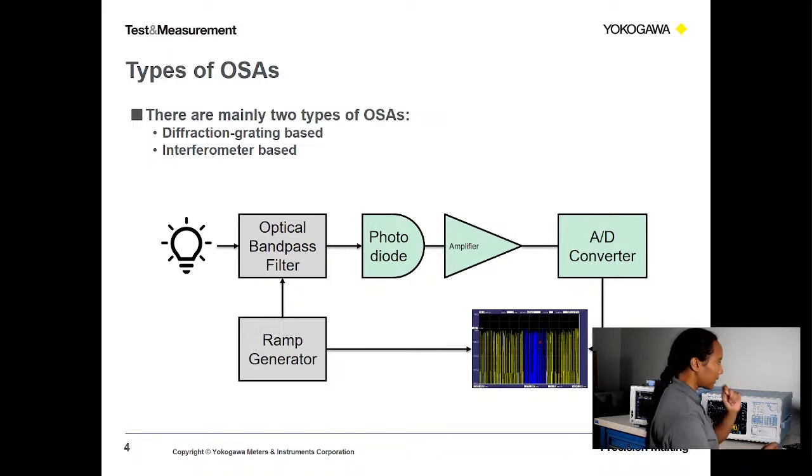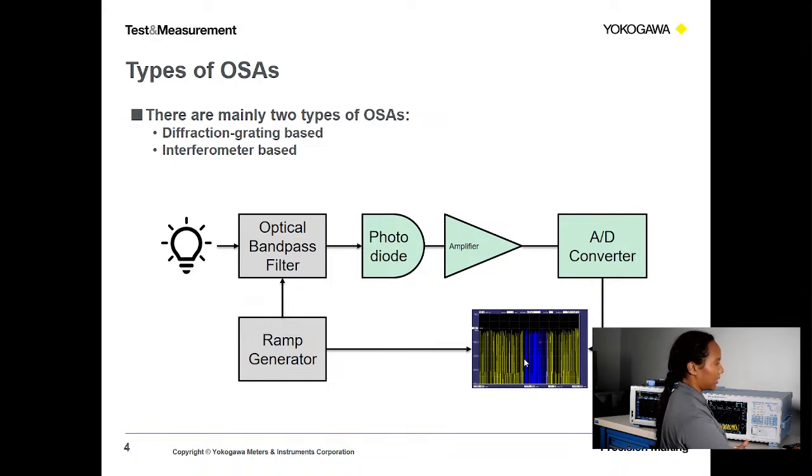So that it is measuring certain wavelengths. As we can see here in the block diagram, light goes into an optical bandpass filter, then goes into a photodiode that is reading that light, and then that signal is amplified, going into an A to D converter, and then is displayed. So I have a little display here.